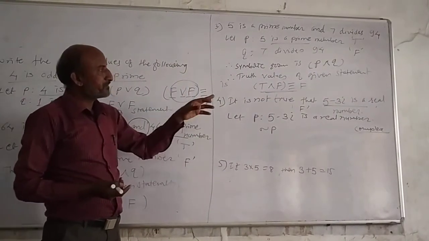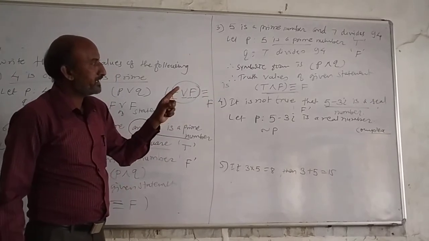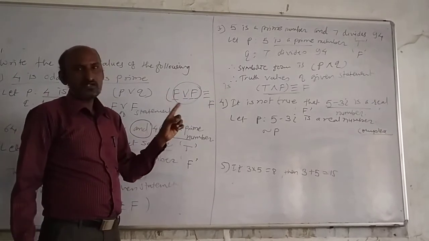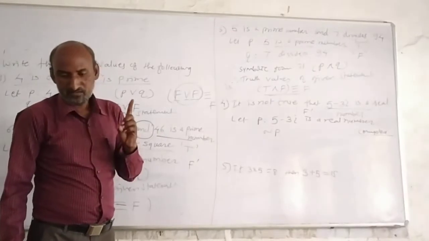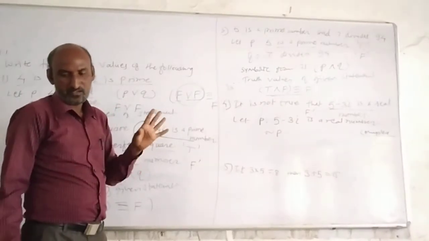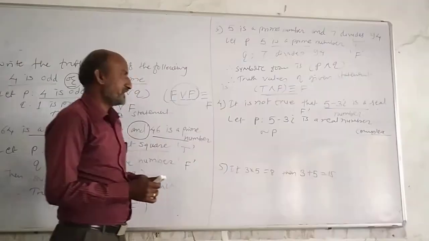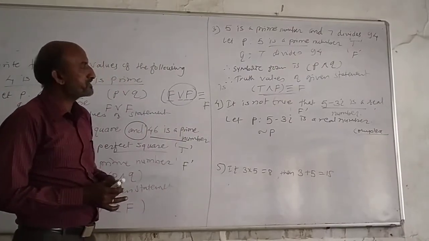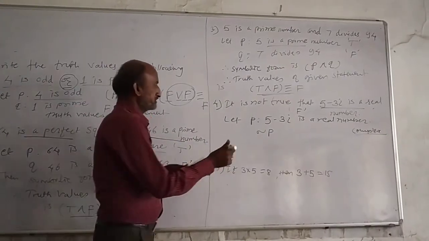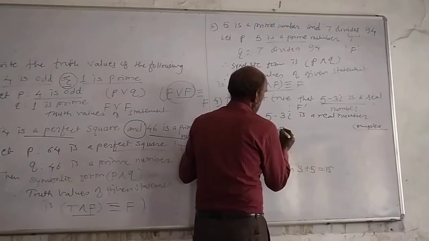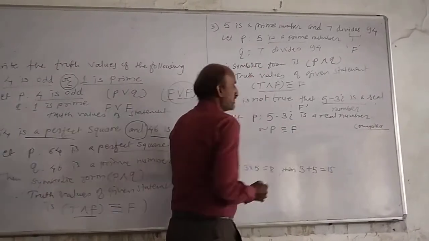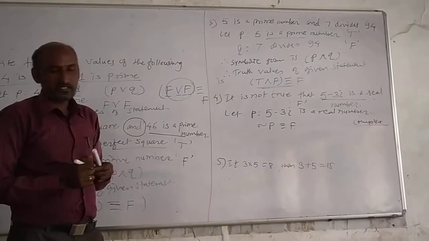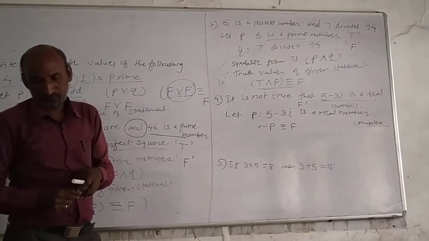A single statement, 5 minus 3i is a real number. This statement is false. Then the truth value of the given statement is false.